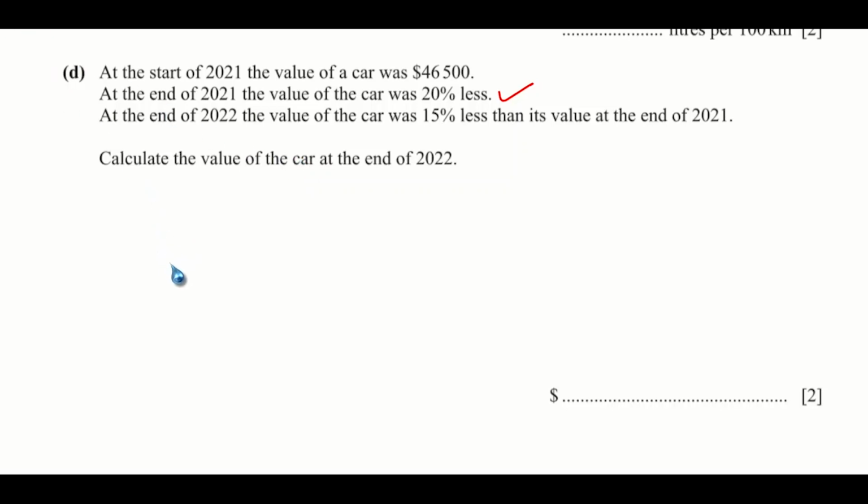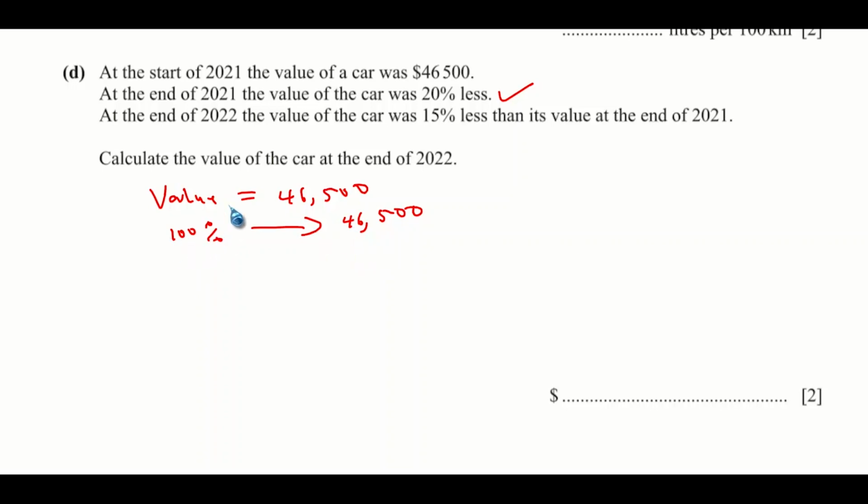At the start of 2021, the value of the car is $46,500. This means the car is at 100% at the start of 2021.